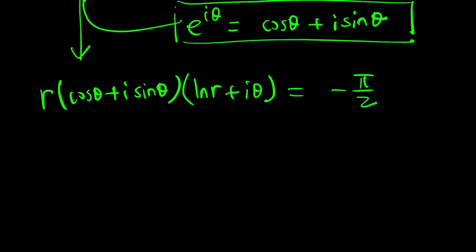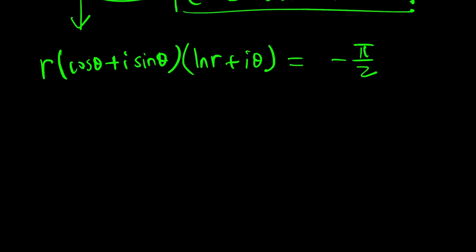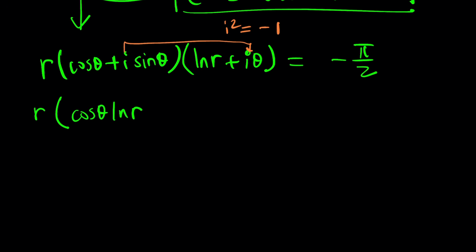All right, let's go ahead and expand it. If you expand it, you're going to get an r all the way on the outside, so let's keep it outside for now. And if you distribute, you get cosine theta ln r. And one thing that you need to keep in mind, and I always forget to say that: i times i is i squared, and i squared is equal to negative 1, because i is considered the square root of negative 1.